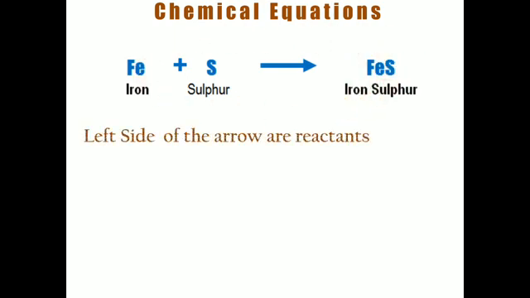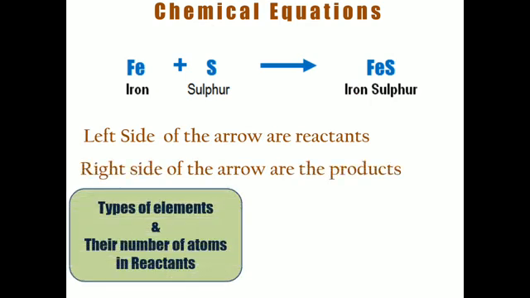Now, as I have already told you, the left side has reactants and the right side has products. Remember, when we talk about a chemical equation, the types of elements involved on the reactant side will be equal to the types of elements on the right side, the product side. Also remember their number: how many atoms of Fe, that is iron, and S, that is sulfur, are present will remain equal on the left-hand side and the right-hand side.